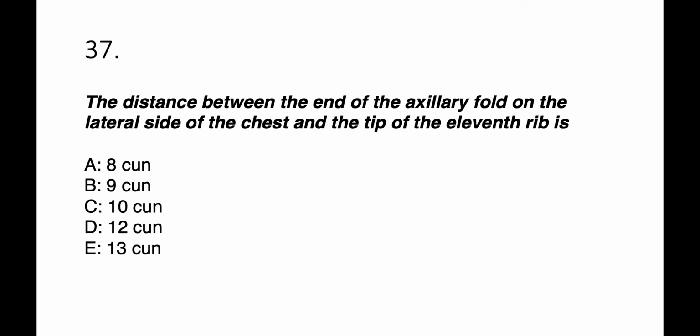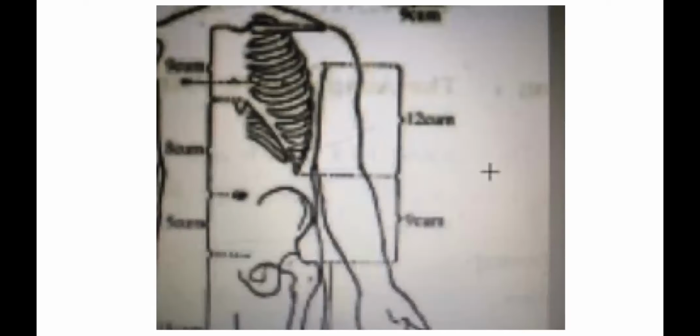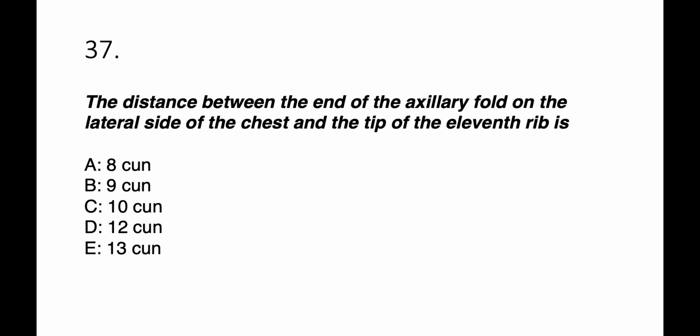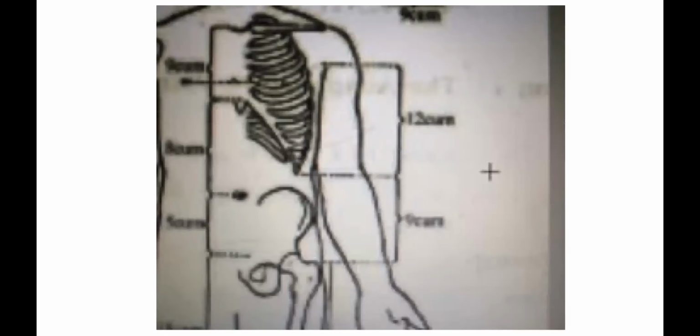Number 37. Boring, no? Sige, tiis-tiis lang. Distance between the end of the axillary fold on the lateral side of the chest and the tip of the 11th rib is 11. Kita natin. Ilang tune yan?